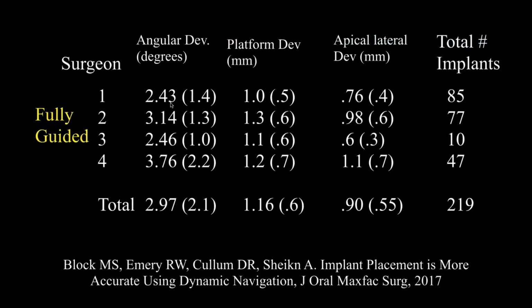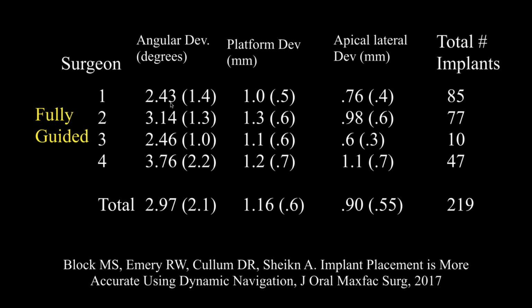From the evidence-based point of view, we've done several studies and published them, and you can go to pubmed.gov and look at my name and pull this up. We had one study with about 500 patients, 700 implants, with different surgeons. We found that when we did fully guided, in other words, when we guided the implant in with this dynamic navigation, we were about 3 degrees off of perfect.